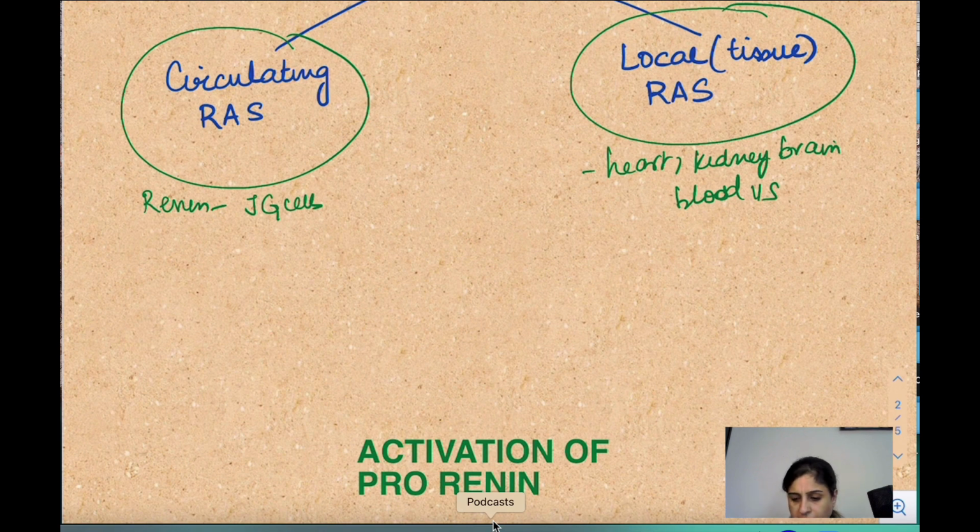Now जो renin है, यहाँ पे भी it is synthesized locally and secreted. So when renin is formed, बनता कैसे है?